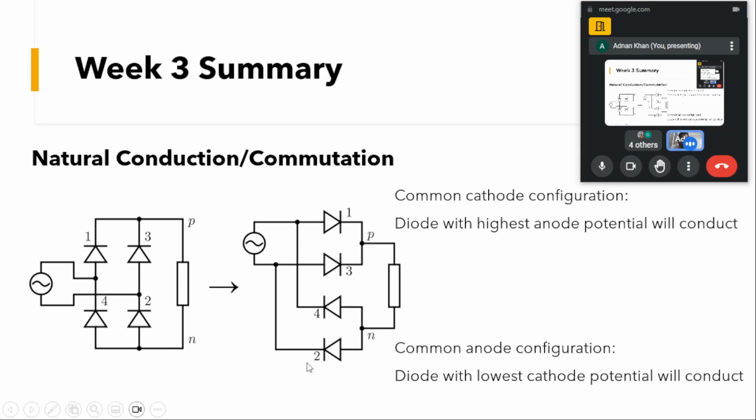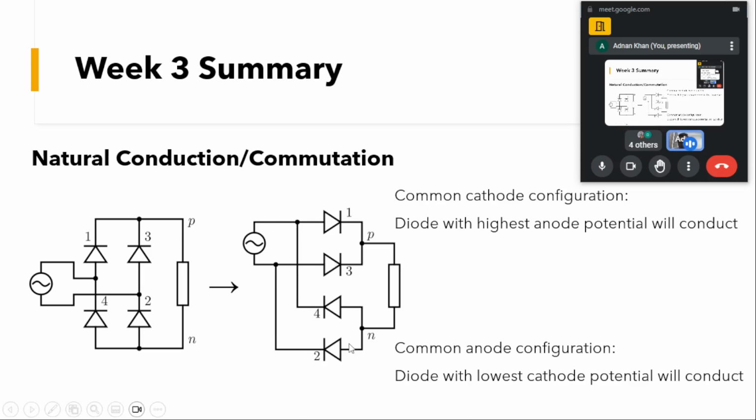Now coming to the bottom two devices, you can see their anodes are at a common potential, but their cathodes will be at different potentials. In this configuration, the cathode with the lower potential will conduct.